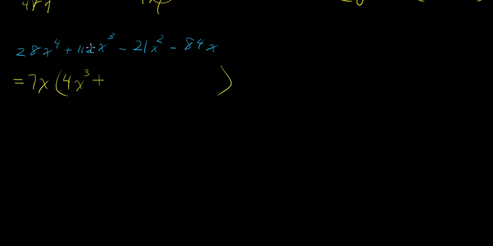And 112x cubed divided by 7x is 16x squared. And always verify quickly, do a fast mental back check. Does this times this equal this? And it does. Negative divided by a positive, 21 divided by 7, x squared divided by x, negative divided by a positive, 84 divided by 7 is 12, x divided by x is just 1.